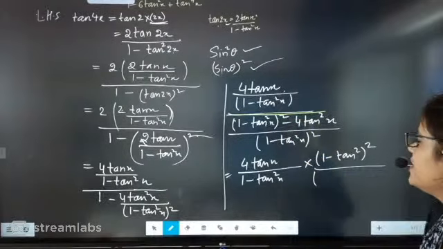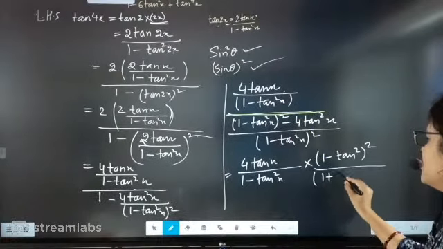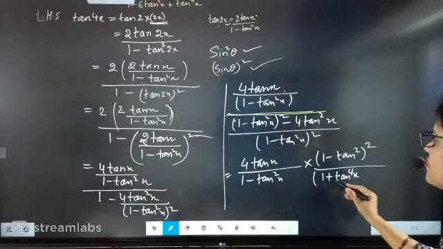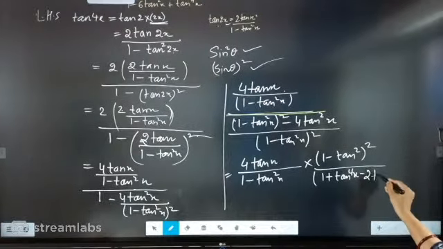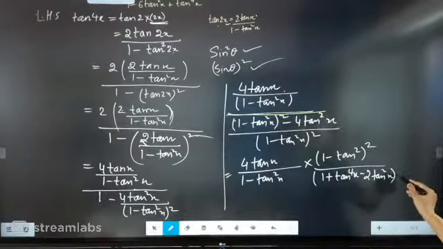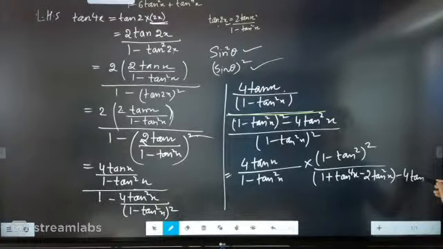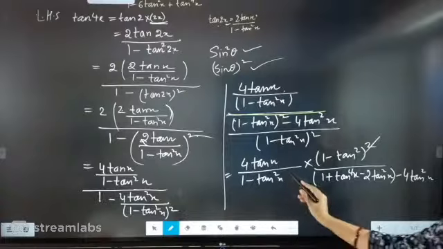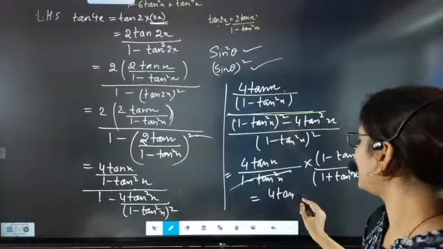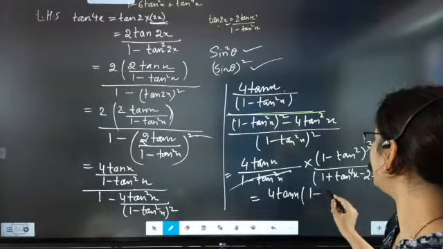This part will be written as 1 plus tan 4x minus 2 tan square x, and here outside minus 4 tan square x is already there. Now this square and this square cancelled, you got the answer 4 tan x into 1 minus tan square x.